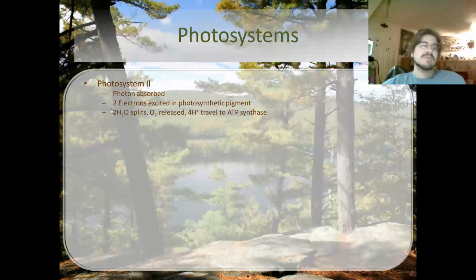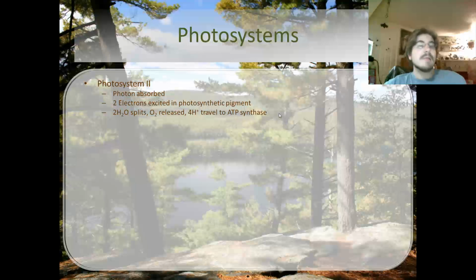During the process of photosystem 2, 2 water are also split. So 2 H2O are split, releasing 1 O2, because we had 2 times O, that's 2 oxygens. So those 2 oxygens are released as a single molecule of atmospheric oxygen. And then the 4 hydrogens travel to the enzyme ATP synthase. ATP synthase is that enzyme that you saw in chapter 6, cellular respiration.